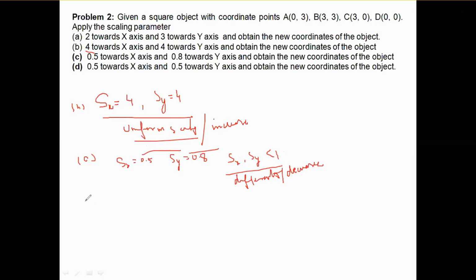Then, for the next part, Sx is equal to 0.5 and Sy is equal to 0.5.